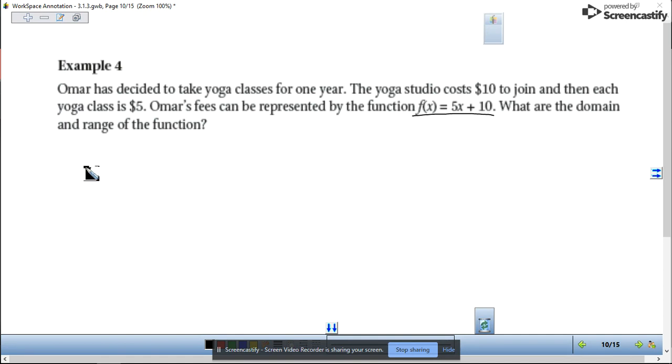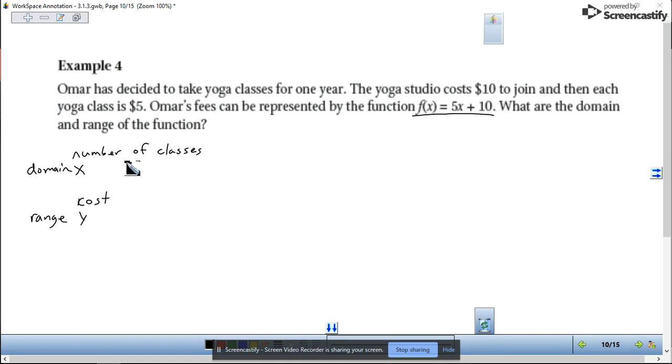So X is the number of classes he's going to take, and Y is going to be his cost. So this is your domain. Those are the inputs, and these are your outputs. This is the range.